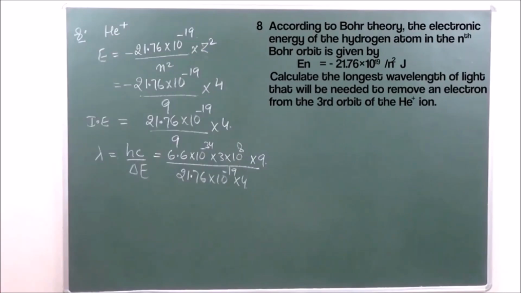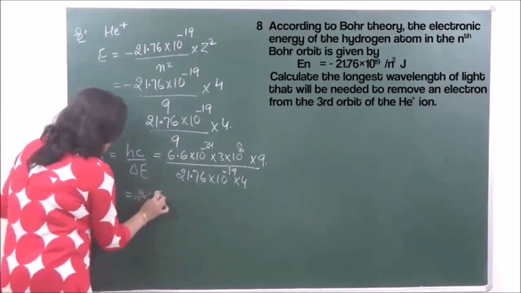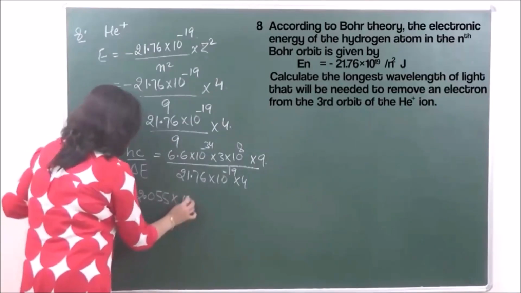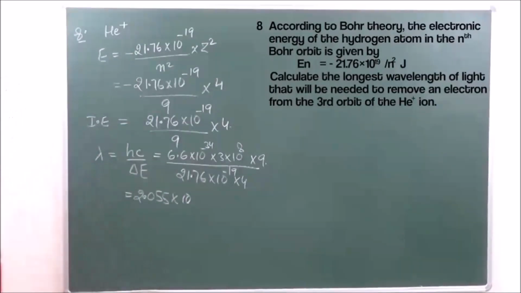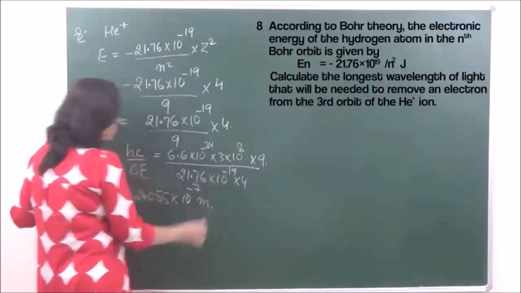When you calculate lambda, it comes to 2.055 into 10 raised to power minus 7 meters.